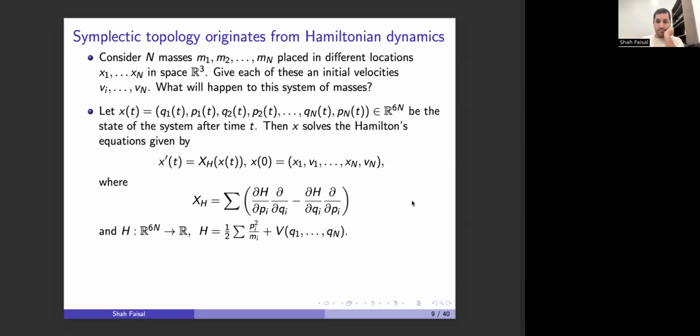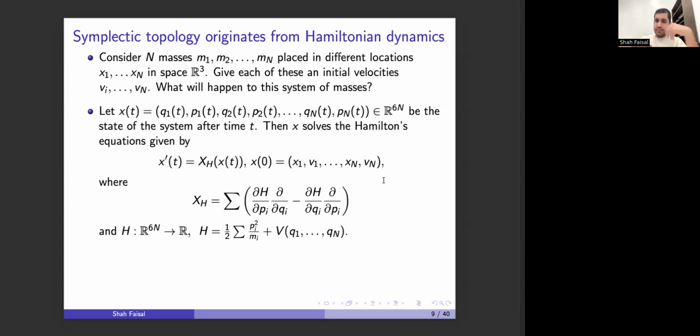Okay. And of course, if you want to determine what happens to the system, one is asked to solve this system of equations. In the n-body problem, we are basically interested in periodic orbits. So basically, we ask what are the initial conditions that lead to a periodic orbit.